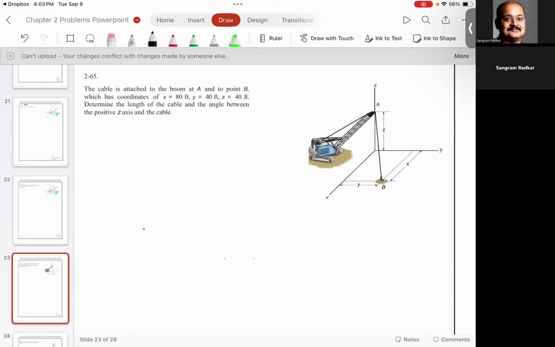Now, just for this problem, let me try to draw a three-dimensional picture.